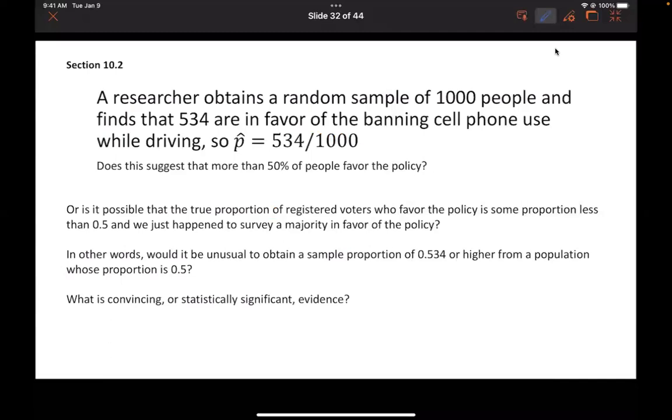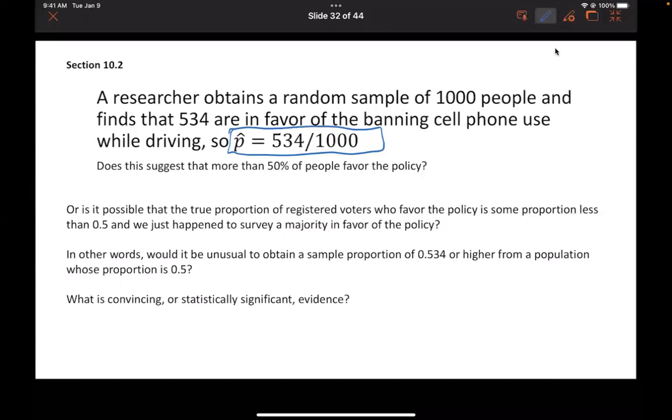So a researcher obtained a random sample of 1,000 people and finds that 534 are in favor of banning cell phone use while driving. This would be our p-hat. So the p-hat is basically 53.4%. So does this suggest that more than 50% of people favor the policy?